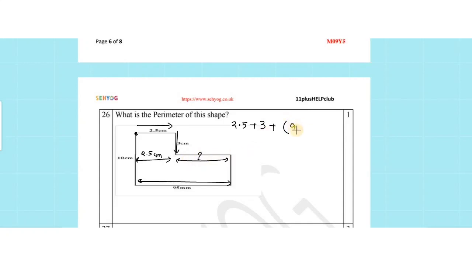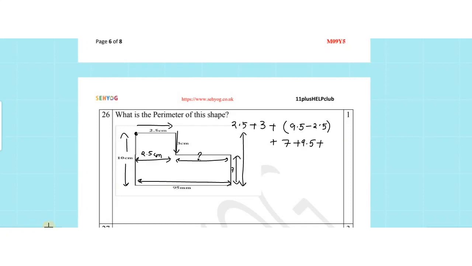So, we record it as 9.5 minus 2.5. Then from there we come downwards, which is again a part of the total 10 centimeters. So, out of 10 centimeters, the upper part is 3 centimeters. So, the lower part is 10 minus 3, that is 7 centimeters, plus again the base is 95 millimeters.